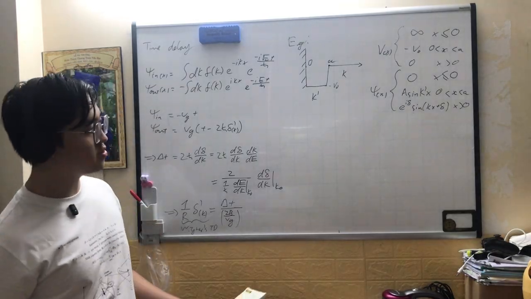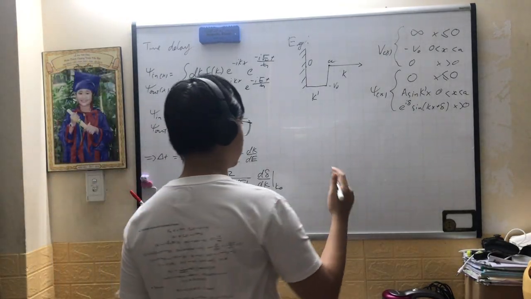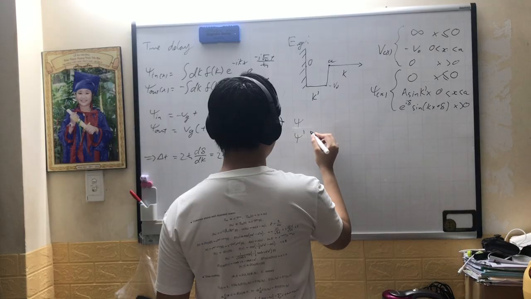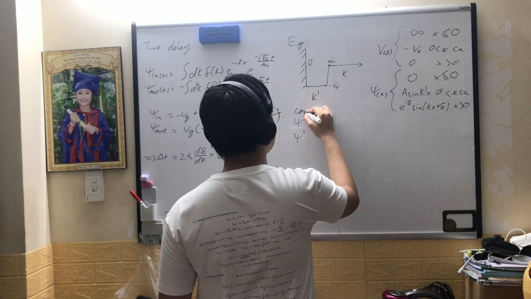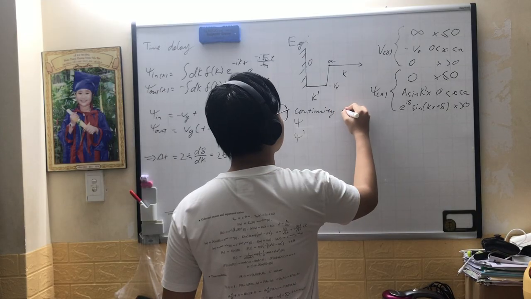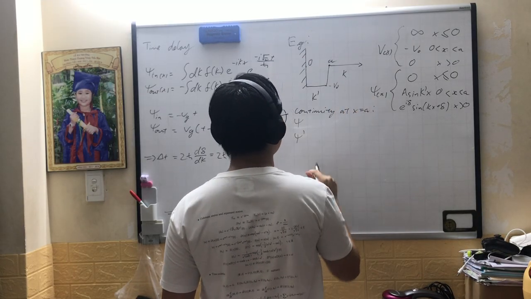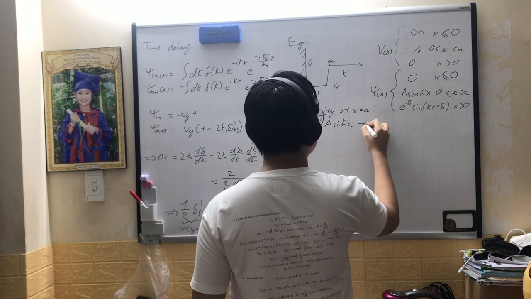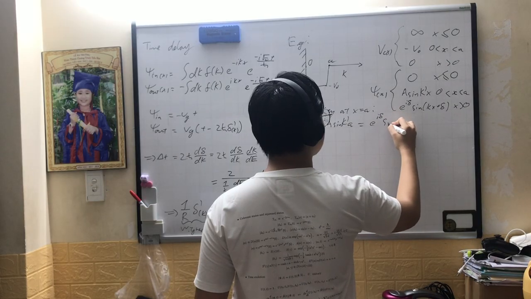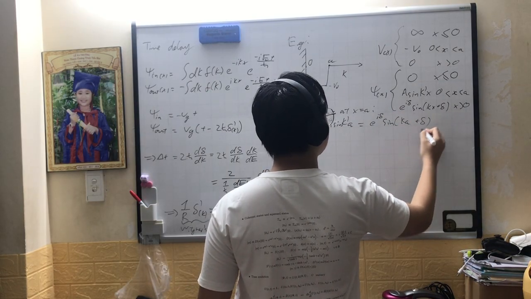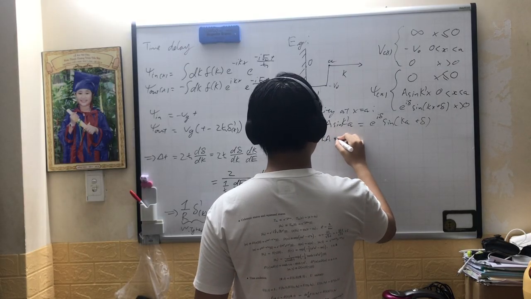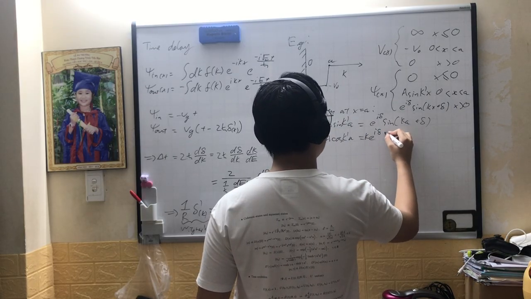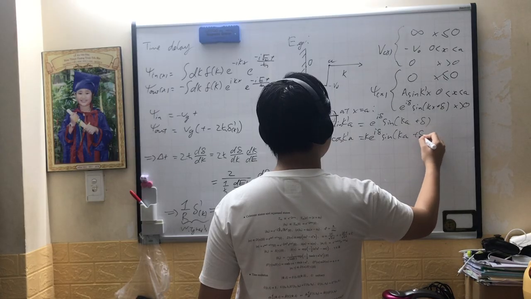Once you have this, you just apply continuity of psi and psi prime at x equal a. So this is sin(k'a) equal to e^(iδ) sin(ka + δ). And k' cos(k'a) equals k cos(ka + δ), times the same factor.